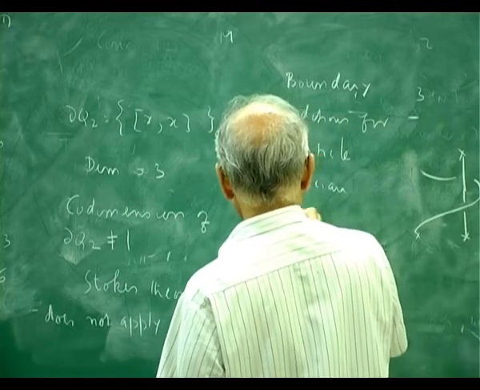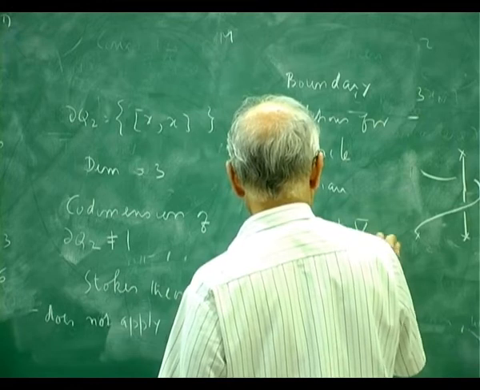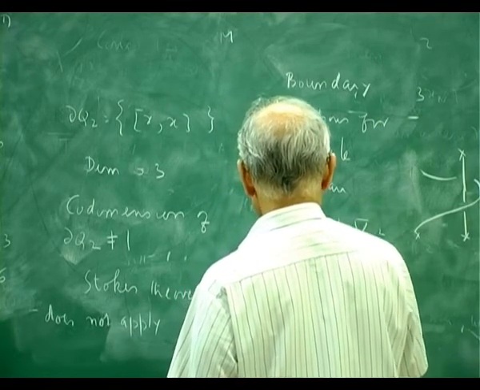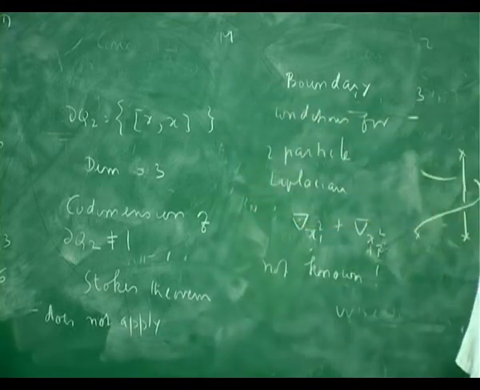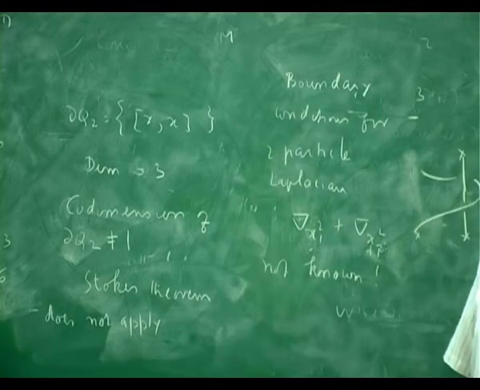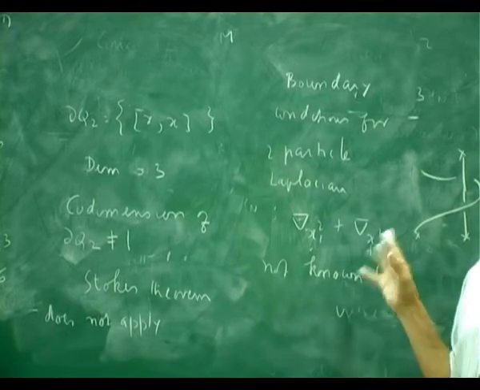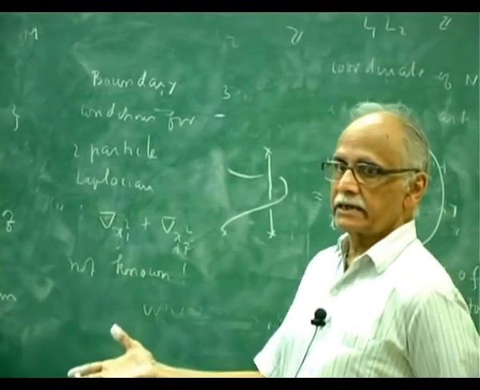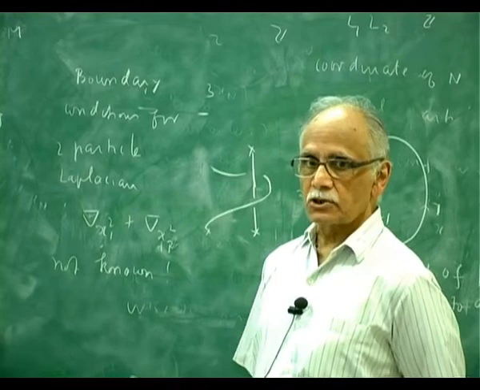So it is delta of x1 squared plus delta of x2 squared. You don't know the boundary condition. There is this so-called von Neumann theory which will tell you how to, but that is there, okay? But it is not very practicable. It is not in a form to use all the time.